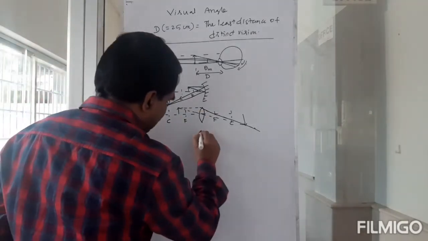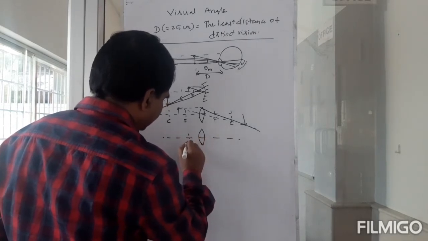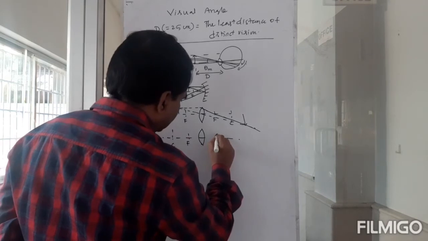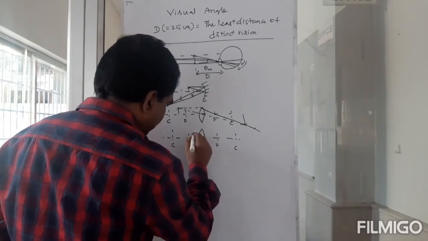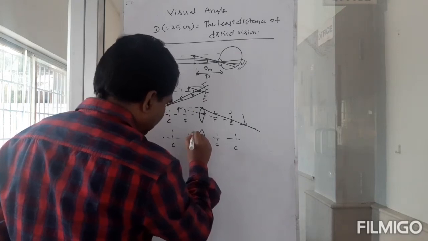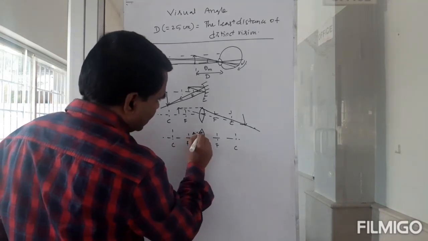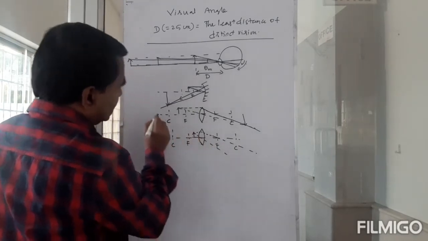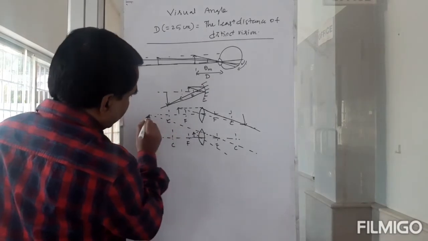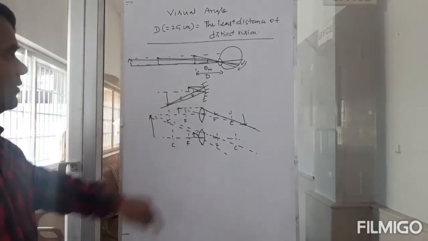Not only that, if I take this kind of a setup, this is F, and this is C, and let's say this is F, and this is C. If I keep the object here, between O and F, here too, the object is here, you see, even this will make like that, and you see the image will be made bigger than the object.